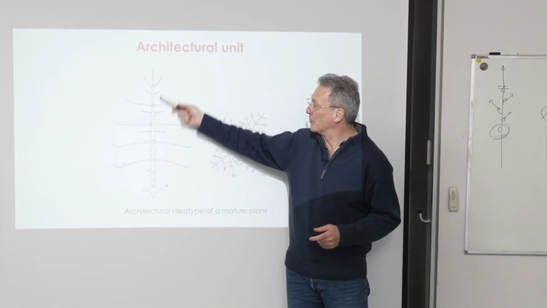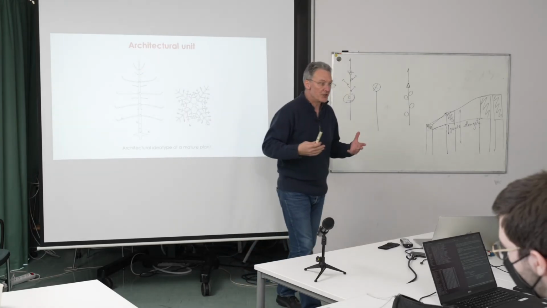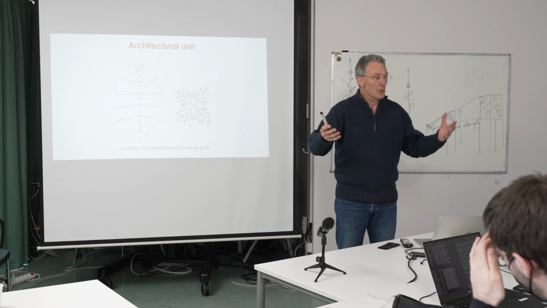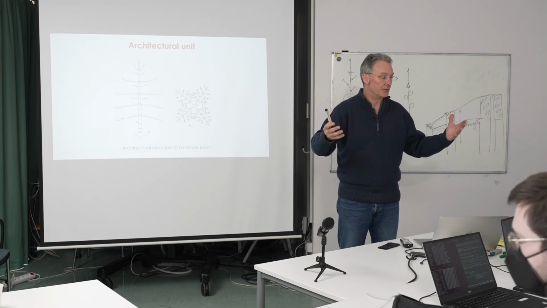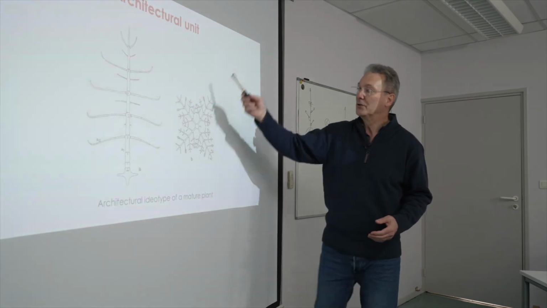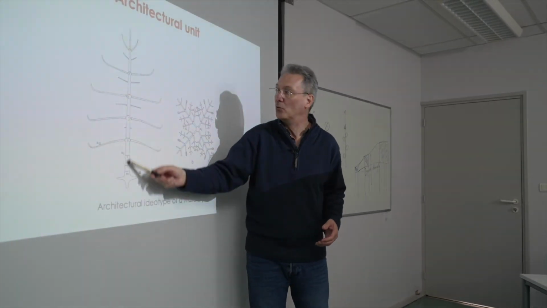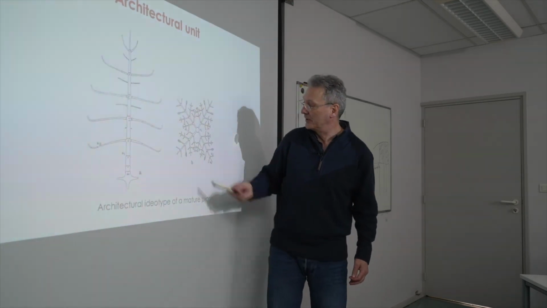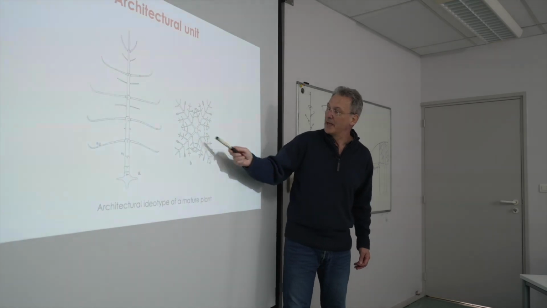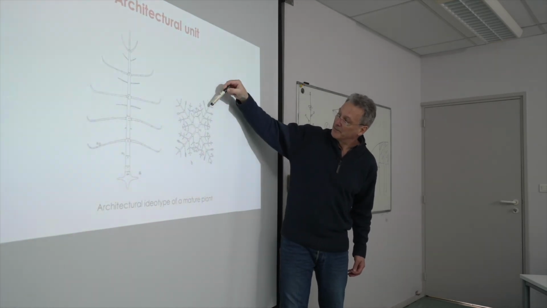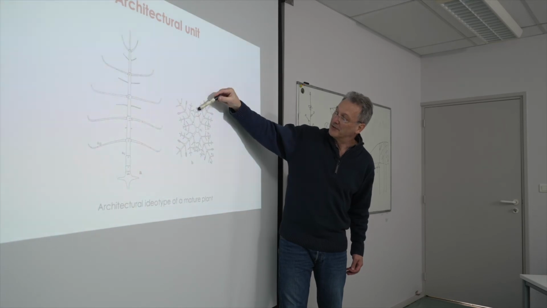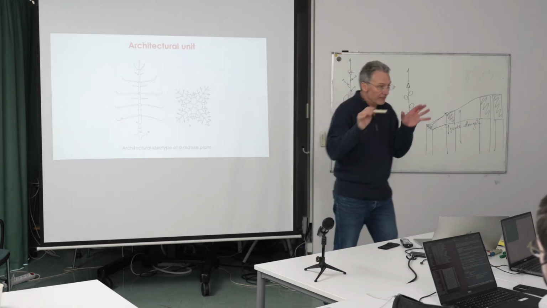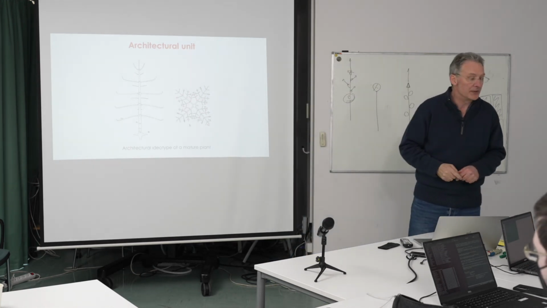So in the mature plant, the plant which has reached sexuality, so that has already produced mostly what it can produce during its life, this is called the architectural unit with all the typical axes, so axis order 1, order 2, order 3 and 4. And you see that the axes have female flowers and male flowers on the different axes, and not in all the positions. They are very precisely positioned depending on the type of axis.